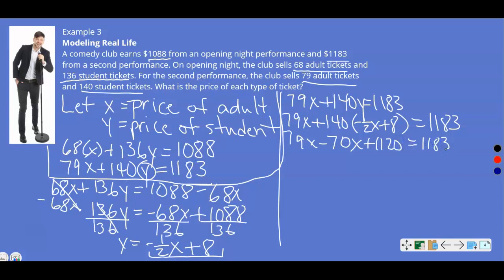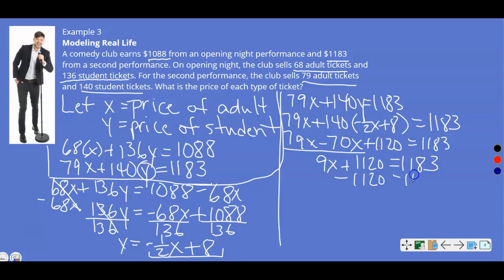And again, we just distributed the 140 to both numbers inside of the parentheses. Now we have a 79x minus 70x, so 79 minus 70 is 9x, plus 1120 equals 1183.